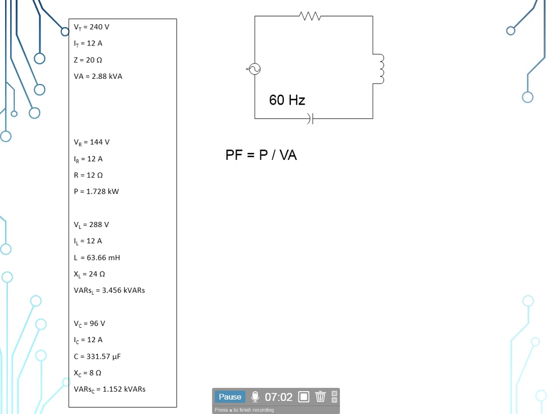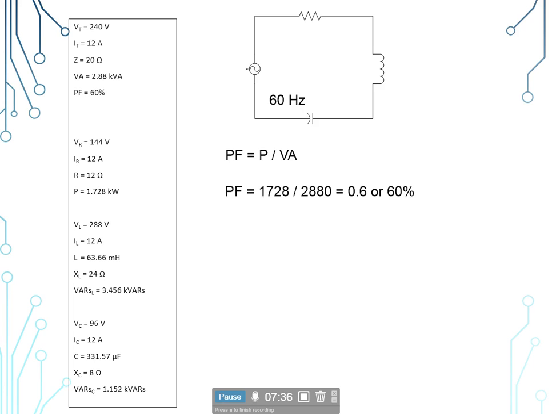Now we're going to look for our power factor. We have the power factor and our angle theta to go. So our power factor is the ratio of true power to apparent power. So our power factor is equal to our power divided by our apparent power. We have a power of 1,728 watts and an apparent power of 2,880 volt amperes.